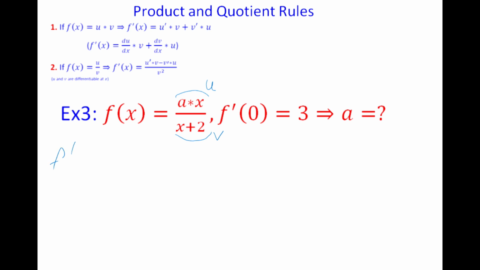So f prime of x is equal to, guys, again, I'm going to treat the numerator as a first term and the denominator as a second term, as u and v. So the derivative of ax is just a, right?